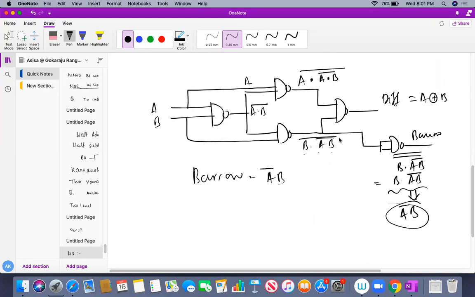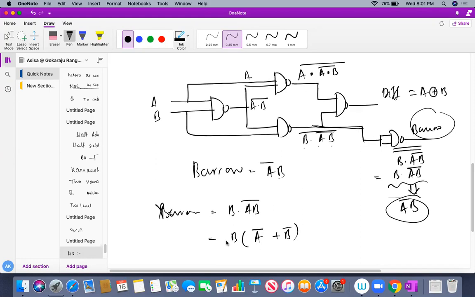I have just designed this in this way. I have taken a wire here and connected a NOT gate over here, and I am claiming that this is my borrow, which is A bar B. Here the expression is, let's say, the borrow equation is nothing else but B and AB bar. To prove it, if I apply De Morgan's theorem, break the bar, change the operator, very simple.